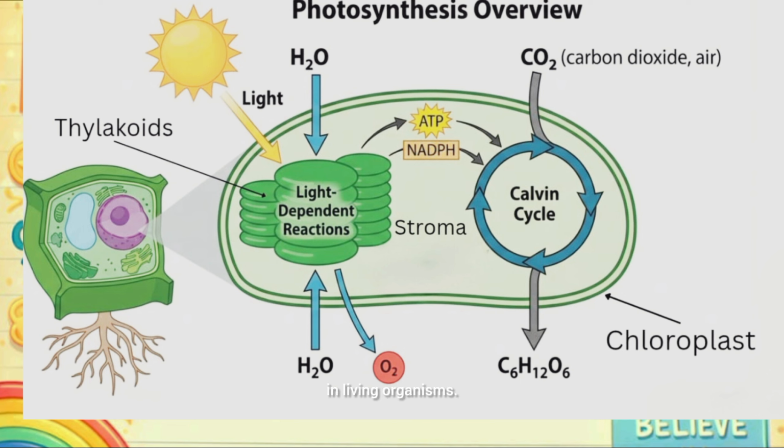In living organisms, the energy carried by the electrons is used to produce ATP and NADPH, which are energy-rich molecules that store chemical energy. These energy molecules, ATP and NADPH, then move from the thylakoids into the stroma.